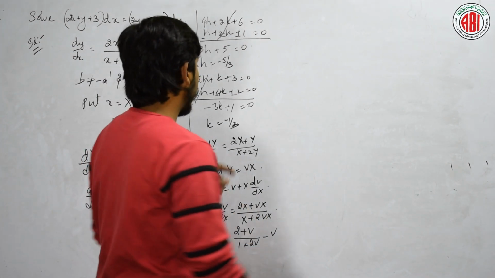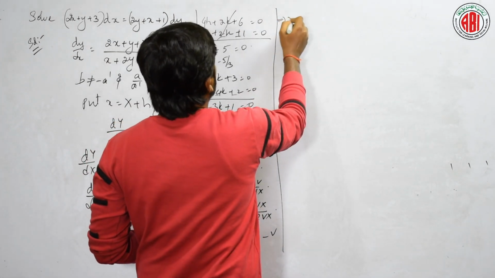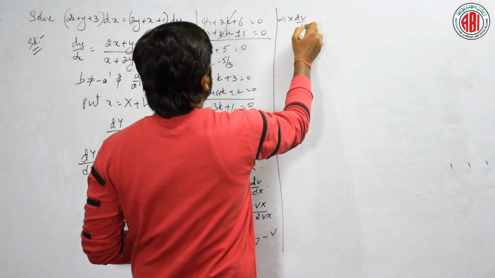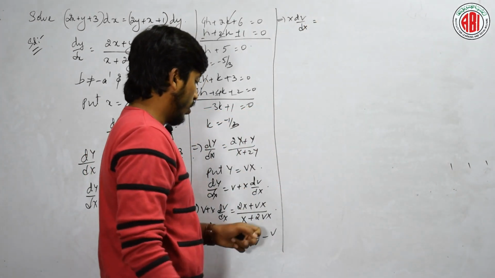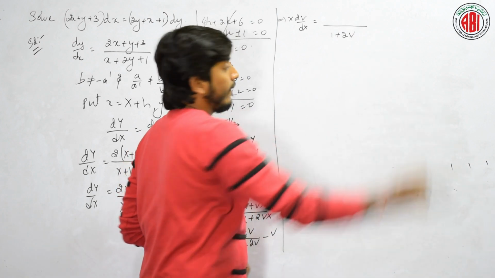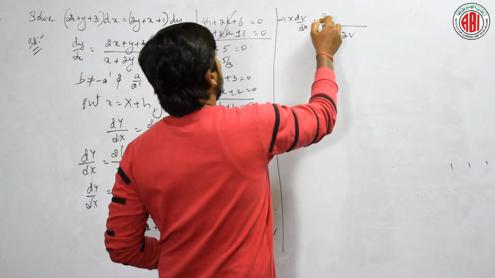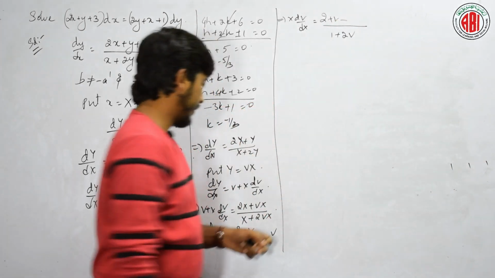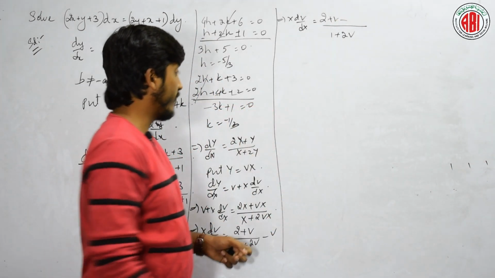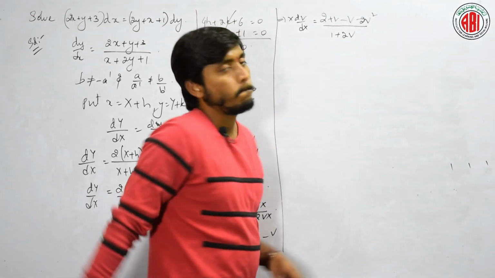Yes. Now let us take LCM and simplify this. x dv by dx is equal to (2 plus v), LCM is 1 plus 2v. Here 2 plus v minus v minus 2v square.